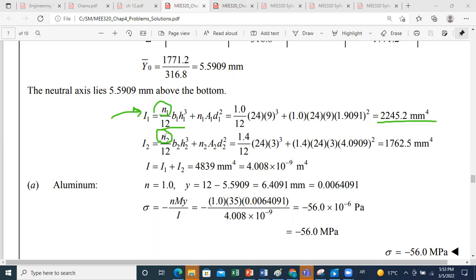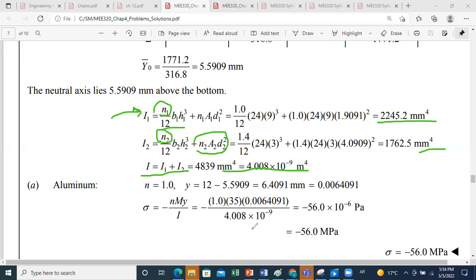So we replace n2 by its value, and the inertia is n2 b2 h2 cubed over 12, plus the parallel axis term to get the inertia about the neutral axis. Once we get I1 and I2, the total inertia is I1 plus I2. Since all dimensions used are in millimeter, first you get the result in millimeter to the fourth. Don't forget to convert into meter to the fourth to use SI units at the end.